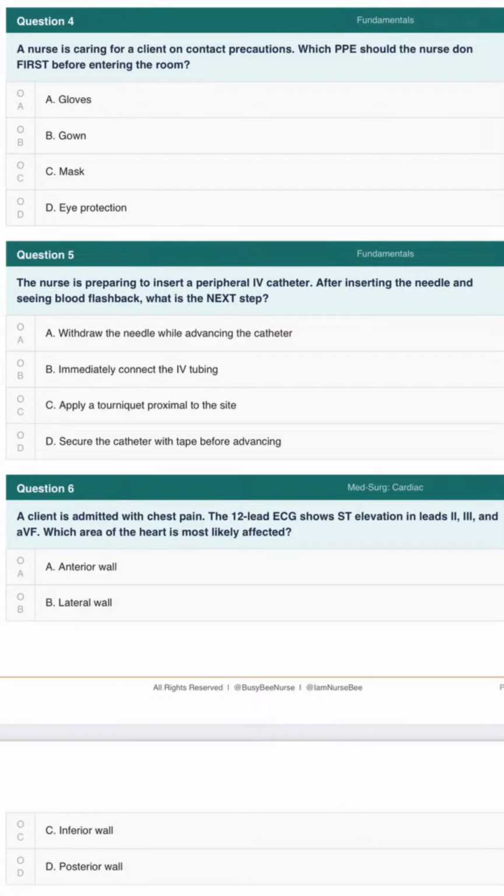What is the next step? A, withdraw the needle while advancing the catheter. B, immediately connect the IV tubing. C, apply a tourniquet proximal to the site. And D, secure the catheter with tape before advancing it.